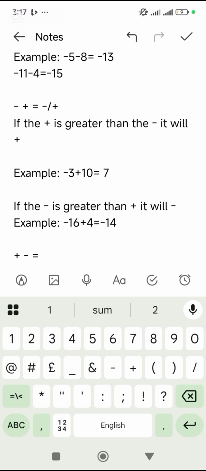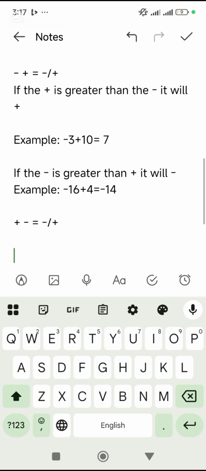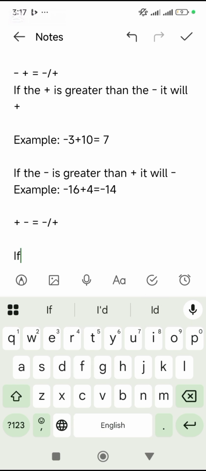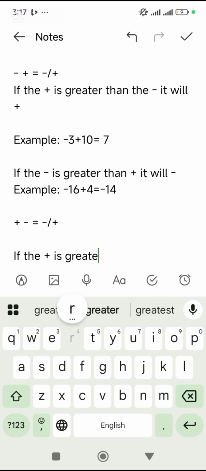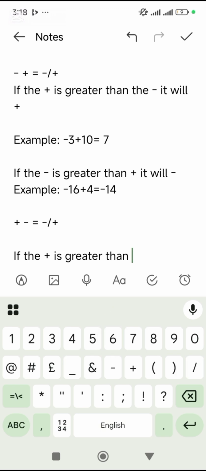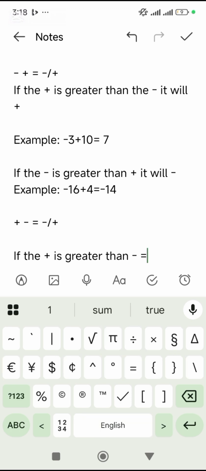You could have a negative or a positive. If the positive is greater than the negative, then it will be equal to plus.